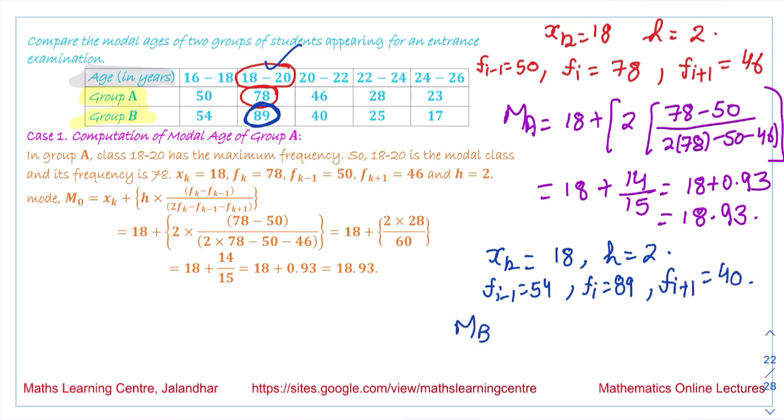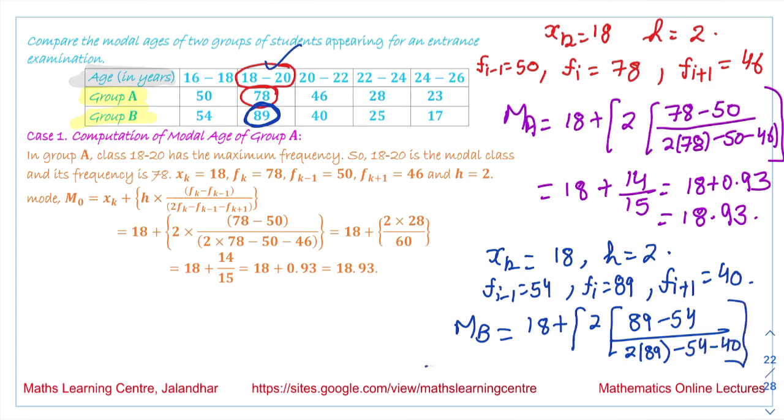So the mode for group B is 18 plus 2 into 89 minus 54 over 2 times 89 minus 54 minus 40. So the answer comes out to be 18 plus 70 by 84.